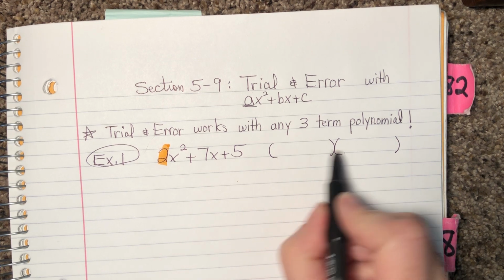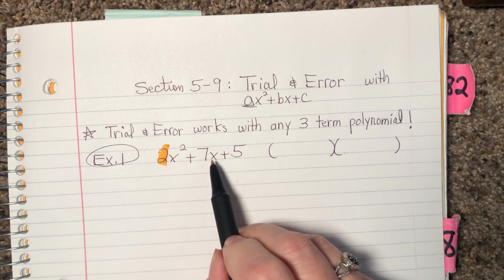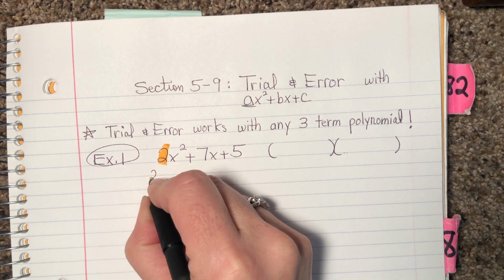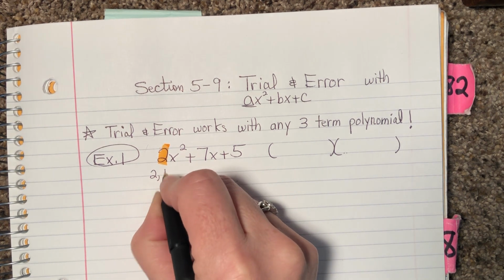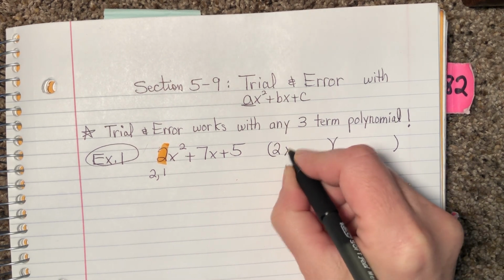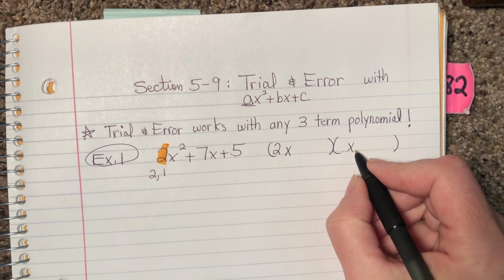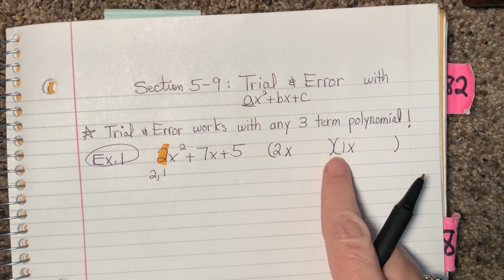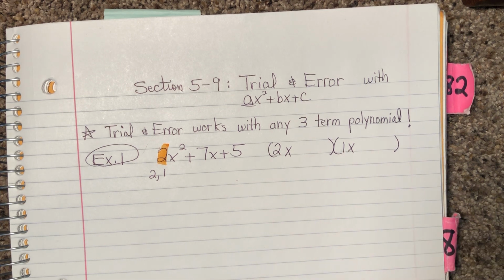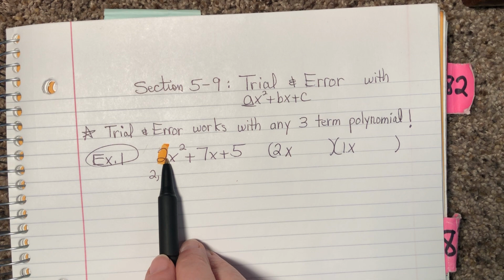We need to look at what two things will multiply to make a 2x squared. Well, there's only one way to get 2 times 1. So instead of an x and an x, it's going to be a 2x and an x. Now, if you want to think of this as 1x, I don't put a 1 here, but it's there. All right, so our first term is taken care of.